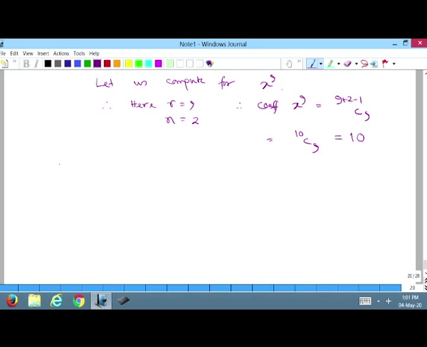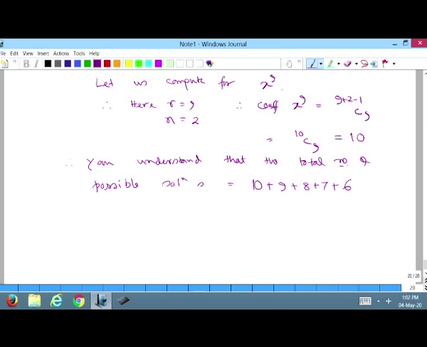I am not solving every one, but you can understand that the total number of possible solutions is equal to the coefficient of x to the power 9, which is 10, plus, in a similar way, 9 plus 8 plus 7, plus the coefficient of x to the power 5, which we have computed to be 6.